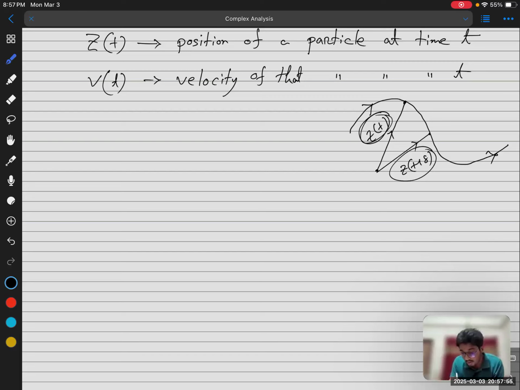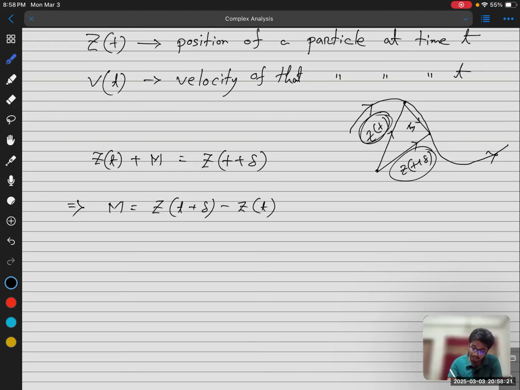So we'll also get a vector here, and this vector will be, let's say, m. So from vector addition, we can say that z(t) plus m is going to be z(t plus delta t). So from here we can say that m is equal to z(t plus delta t) minus z(t).